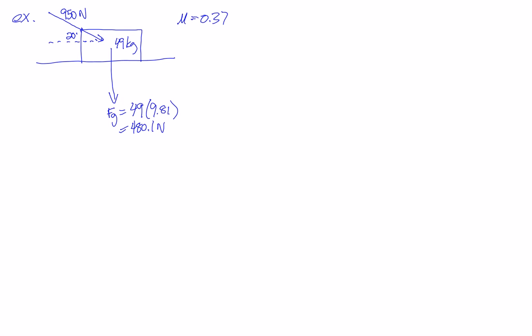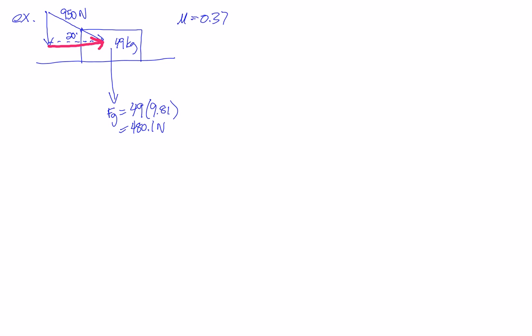In order to figure out our friction, we have to calculate our normal force. We've got gravity going down, but remember, because we're pushing at an angle, we're going to be pushing downwards on the box as well as sliding the box horizontally. So we need to figure out those two vectors as well.